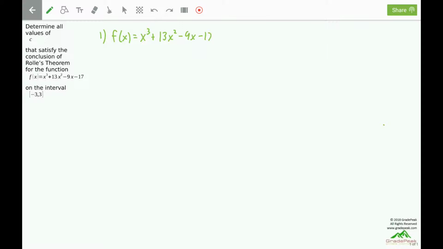X cubed plus 13x squared minus 9x minus 17 is a polynomial, and a polynomial is continuous on any interval, so it will be continuous on the closed interval given from -3 to 3. Closed means that it includes both endpoints, indicated by the square brackets on both endpoints. Condition 1 is met.